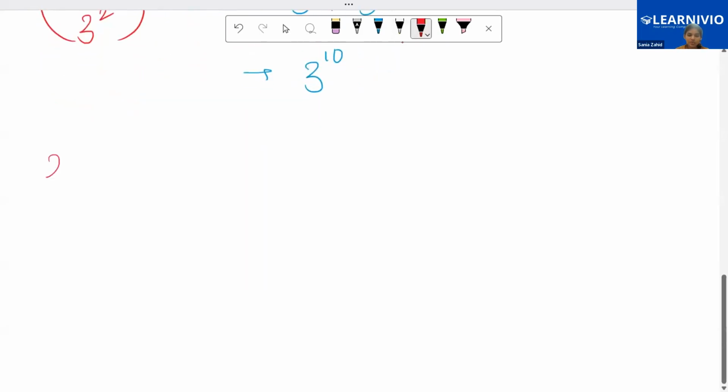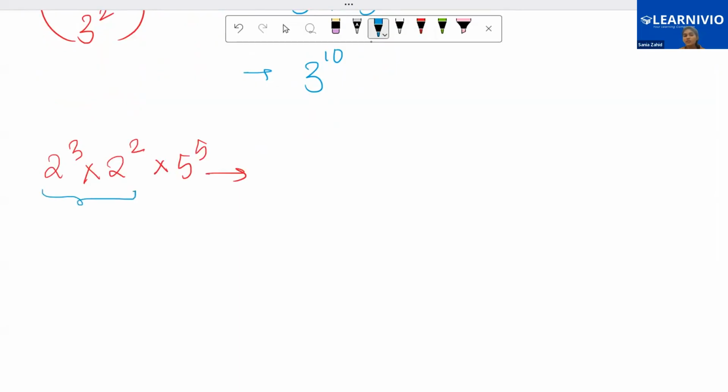Next question is 2 to the power 3 into 2 to the power 2 into 5 to the power 5. Over here, you have the same base, right? Yes. So what is the answer now? 2 to the power 5, multiplied with 5 to the power 5. Now you have different bases but the same power.